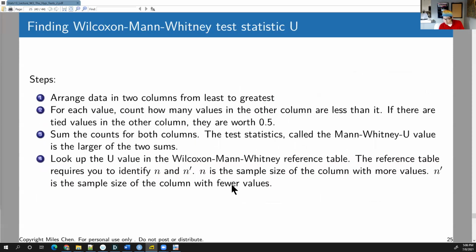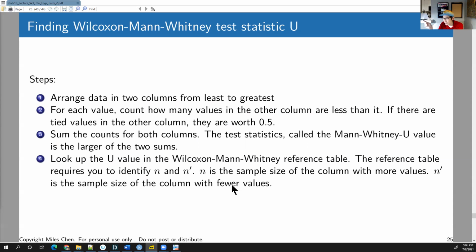All right, how do we go about doing the test? Well, what we're going to do is arrange the data in two columns from least to greatest, right? Sample 1 goes in one column, sample 2 goes in another column. And this is a little strange: for every single value, you look at the other column and say how many values in the other column are less than this, okay?